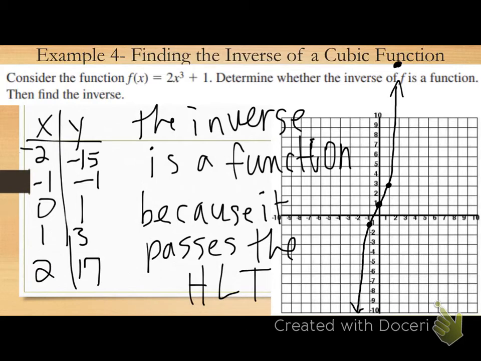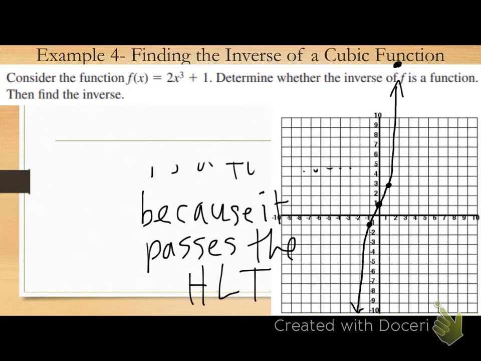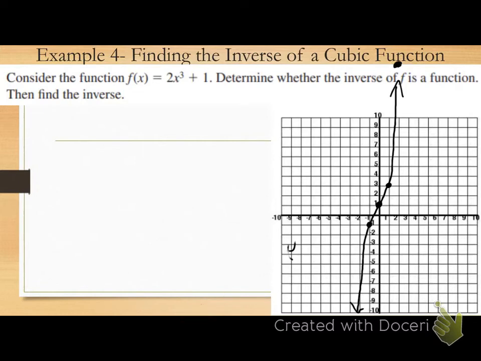What does it want me to do after I've told whether it's a function or not? Find the inverse. So can I erase all this stuff to the left? I have y equals 2x cubed plus 1.